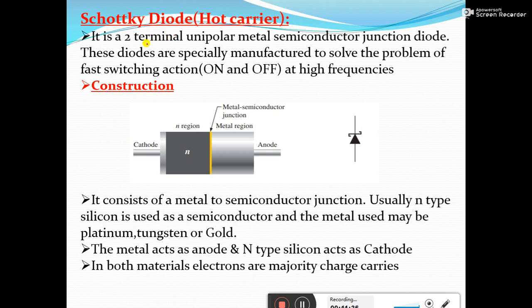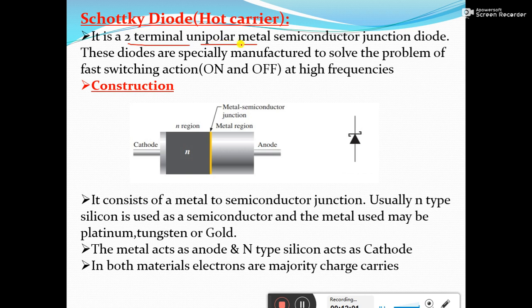Unlike a normal diode, it is a metal-semiconductor junction diode. There will be two terminals, and it is unipolar, meaning the current carriers are only electrons here. In a normal diode, the current conduction is due to both holes as well as electrons, and they are referred to as bipolar.